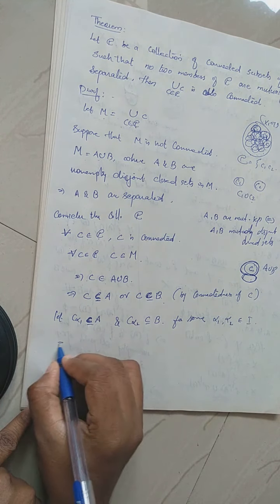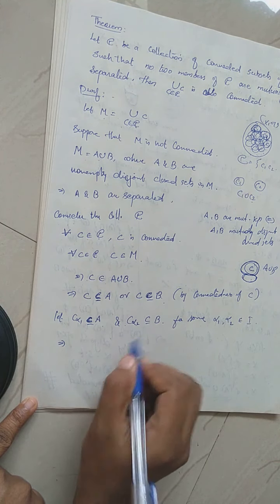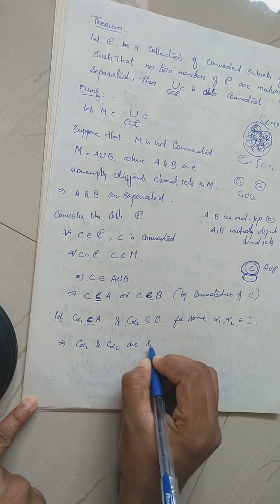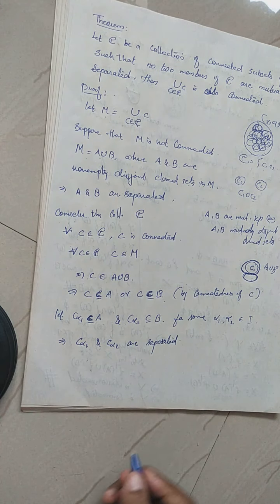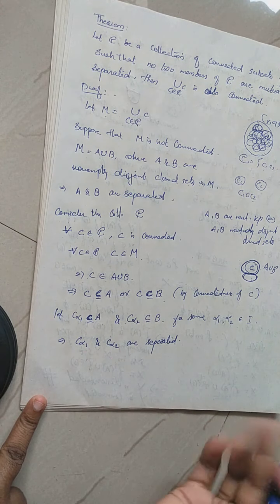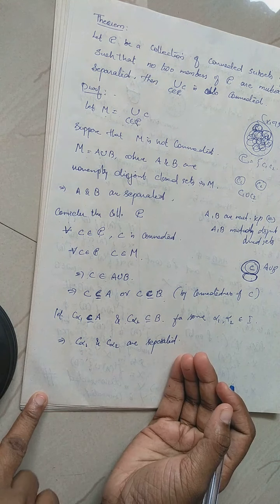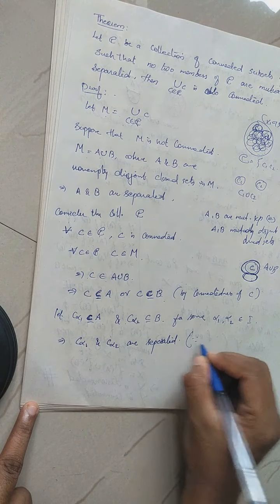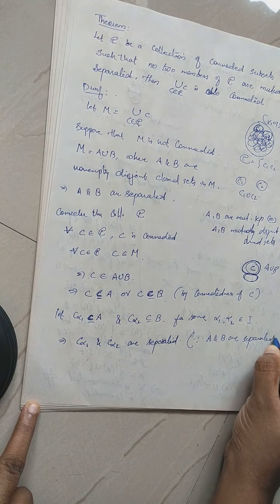So C alpha 1 belongs to A and C alpha 2 belongs to B, which implies C alpha 1 and C alpha 2 are separated. Why are they separated? Because they belong to the disjoint sets A and B. Therefore, one belongs to A and the other belongs to B, which clearly means they are mutually separated sets. This is possible since A and B are separated sets.